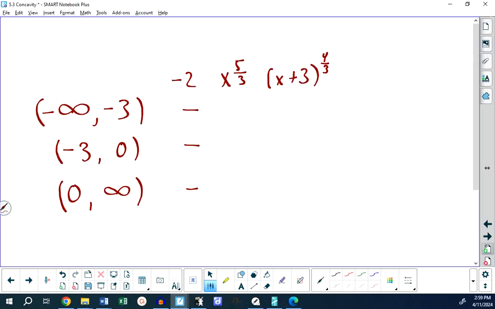If x is negative, that will be negative. If x is positive, that will be positive. Using a similar argument, this third factor is going to be positive everywhere because it's raised to an exponent of 4 at some point. Whether you take the cube root first and then raise it to the 4, you'll get a positive. Or if you raise it to the 4 and then take the cube root, you'll get a positive.